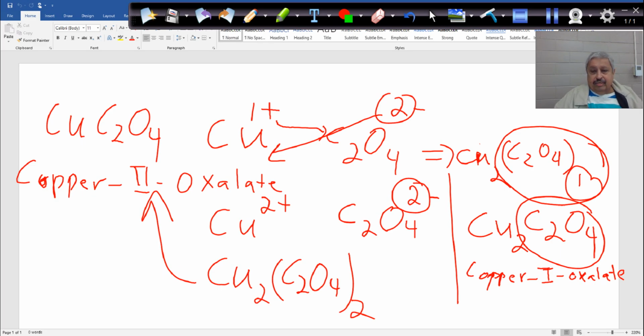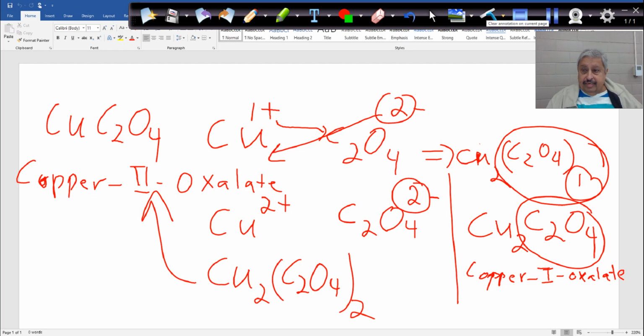Okay, so that concludes the naming of ionic compounds with metals that have only one charge, or with metals that have multiple charges, correct? And we know that we can have combinations of those metals with a polyatomic ion, and then we have to observe the naming of those polyatomic ions from the chart.